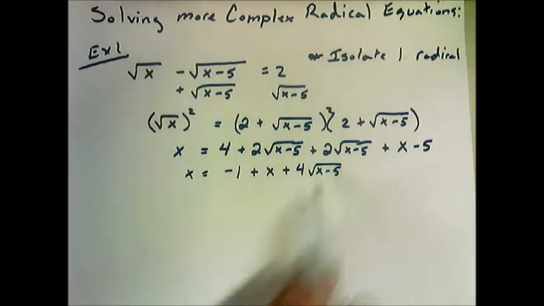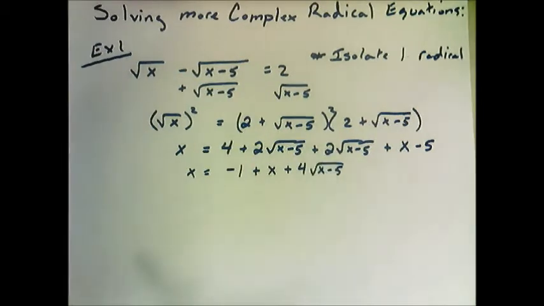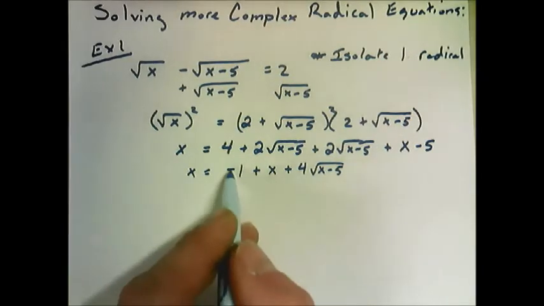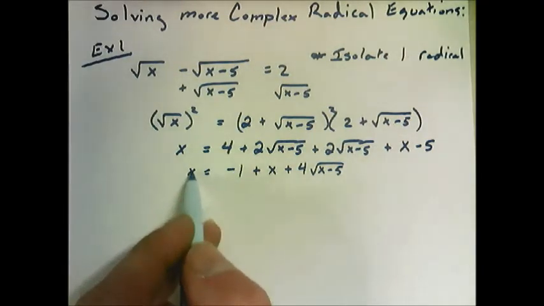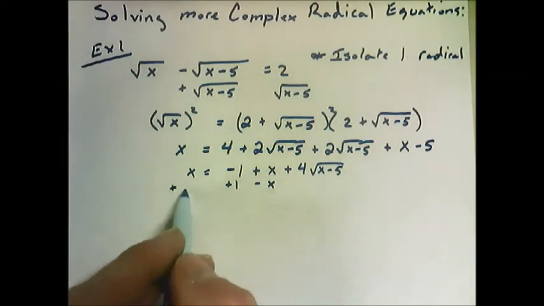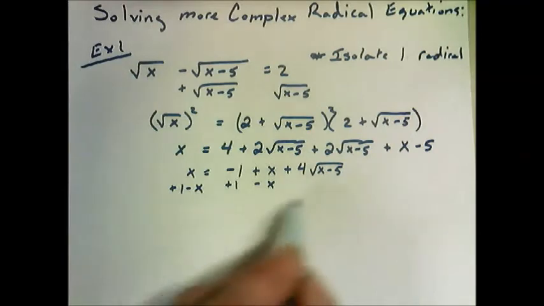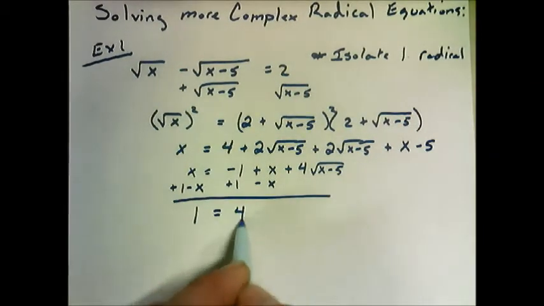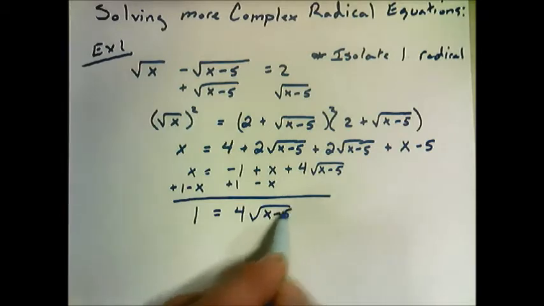Remember, my radicand does not change when I add, only the numbers outside of the radical. Now, to get the radical by itself, I can add 1 to both sides and subtract x. So I have plus 1 and I have minus x. So I end up with a positive 1 equal to 4 square roots of x minus 5.